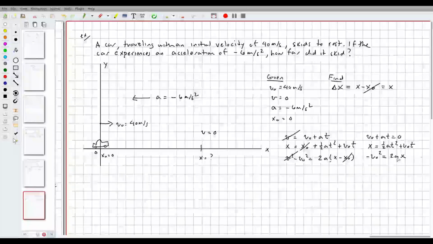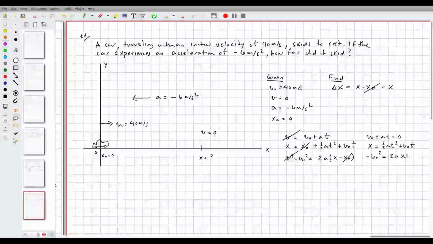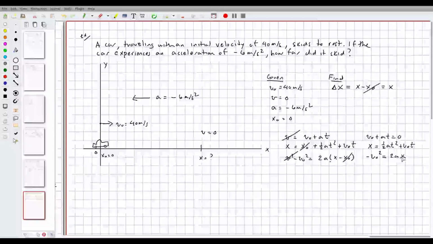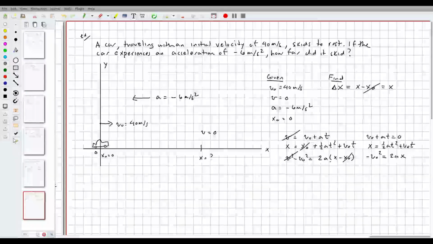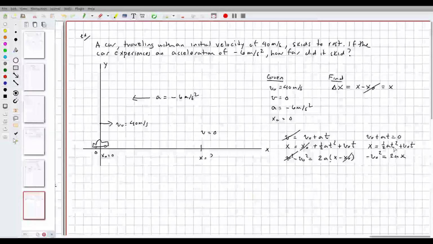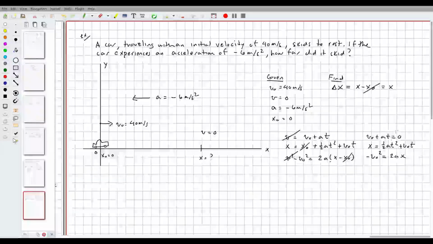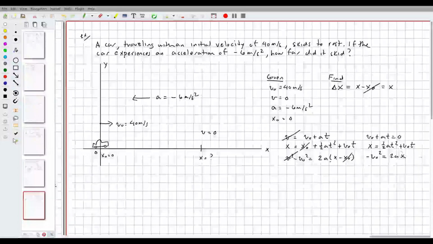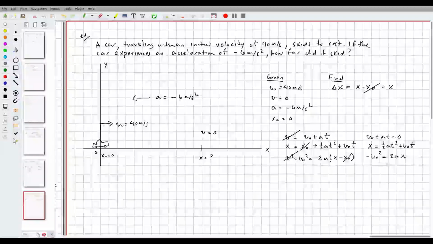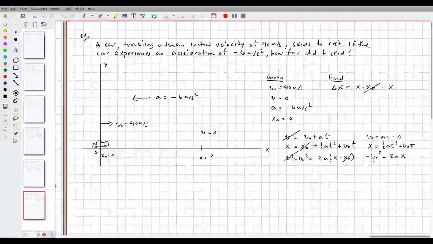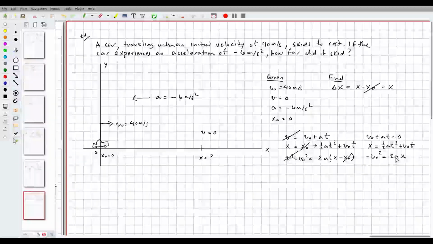Now we have two equations that can give that to us. We have this one right here, and we have this one right here. If we wanted to use this one, we would need to find time. Now we can find time using this equation, but I recommend that we use this equation right here because we know our initial velocity and we know our acceleration.